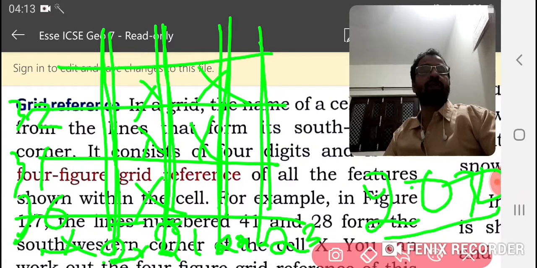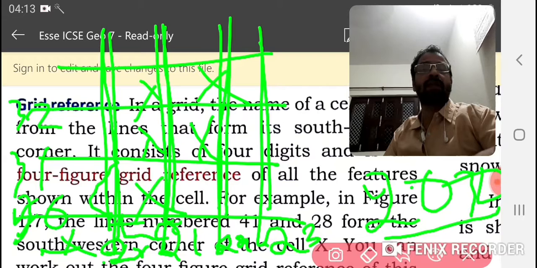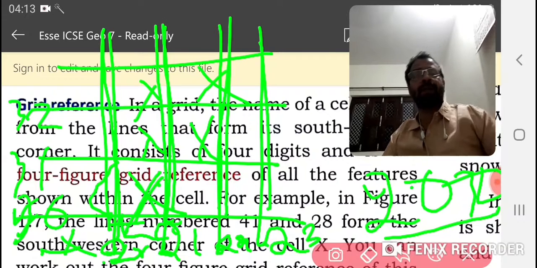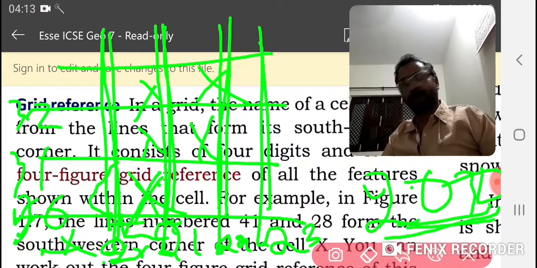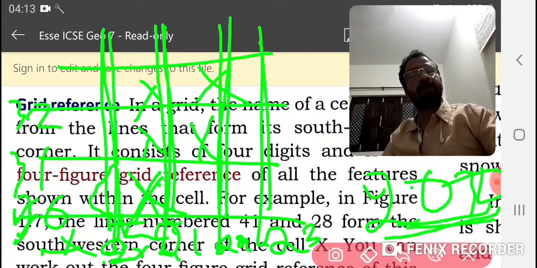Now we got 2030. 30 is this line and 20 is this line. So 30 from here to here and 20 from here to here. So which line? This line, this grid.